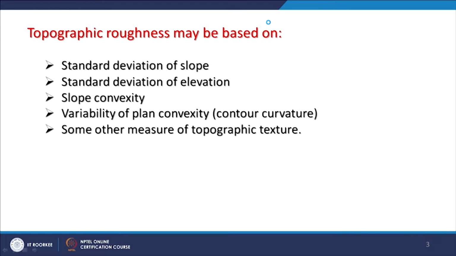So what we are basically looking at is the topographic texture, the variations in elevation in a very local area, very minute or micro terrain features. So the scale is important in such analysis.